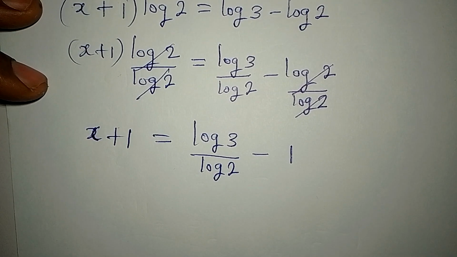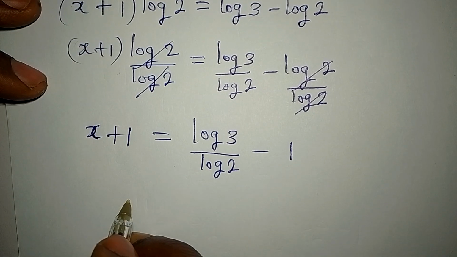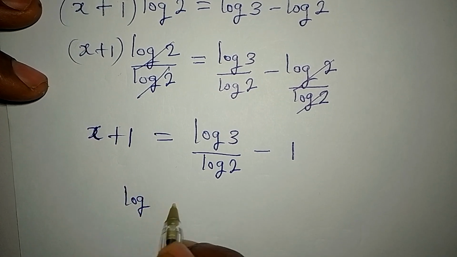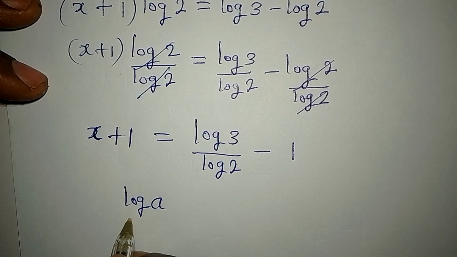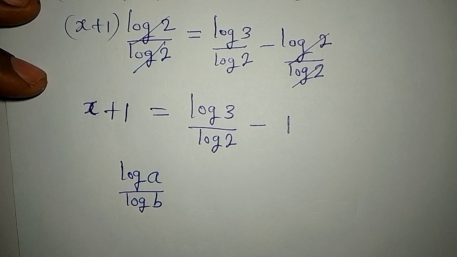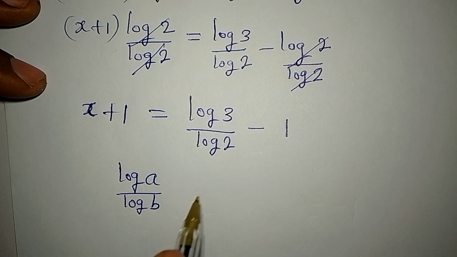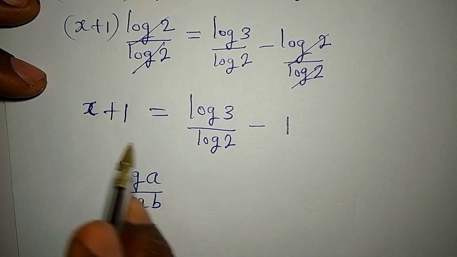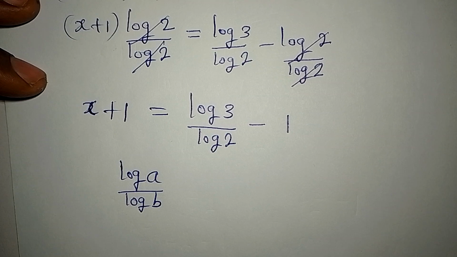Now, let's look at this. There's what we call change of base in logarithm. If you have log A over log B, because there is no base indicated, it means that this is automatically in base 10.